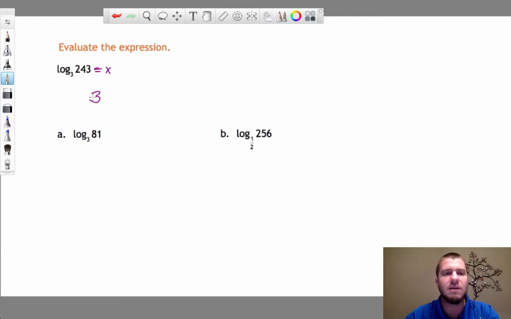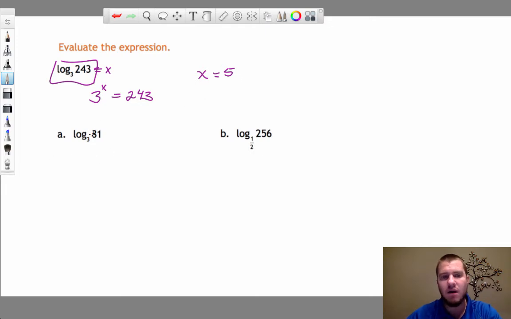What that really means is I'm saying 3 raised to what, or raised to x, is equal to 243. So go ahead and try to figure out what 3 raised to is equal to 243, and you've evaluated the log base 3 of 243. That would mean x is equal to 5.